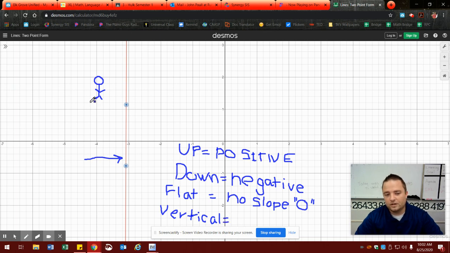Now, if he decides to walk from left to right, he's going to fall to the underworld, right? Which is like hell. Okay, but they call this undefined. It's not a no slope, it's an undefined slope. There's no possible way to determine this slope. He goes to the underworld, meaning undefined. So this is undefined.